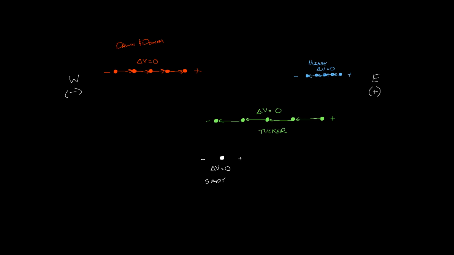Okay. So let's see. Let me get a new page for you here. All right, sweet. So first thing I'm going to do is put down my directions. I'm going to make this way positive. I'm going to make this way negative. Sure, why not? It's a little different. And I'm going to say the red object, very technical term, is going to move in the positive direction at 12 meters per second.